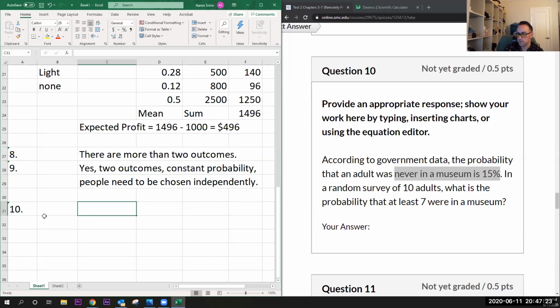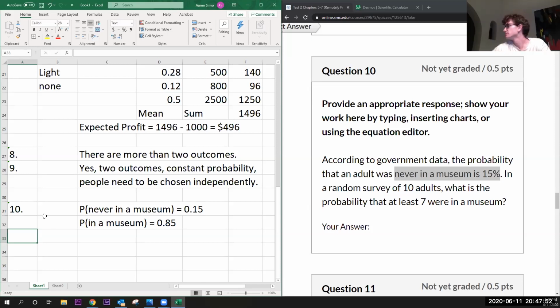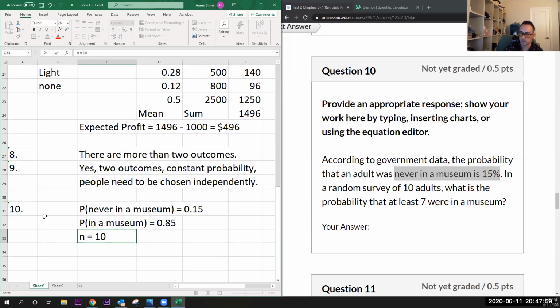I didn't mean to do it like that, but the probability never in a museum equals 0.15. Probability in a museum, therefore, equals 0.85, right? If there's a 15% chance of never being in a museum, that means there has to be 85% chance of being in a museum. So from there, what are we trying to do? There's 10 adults, so n equals 10. It looks binomial to me.